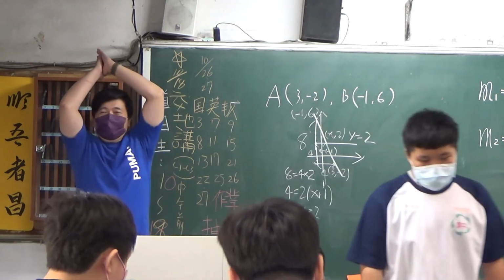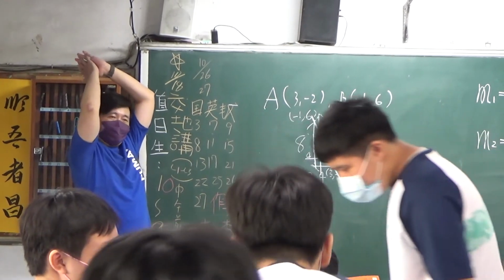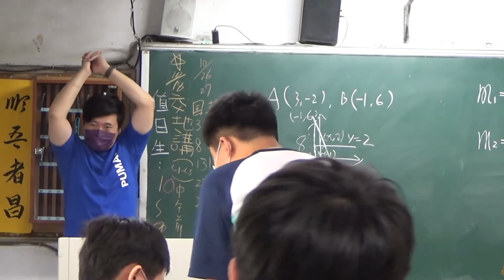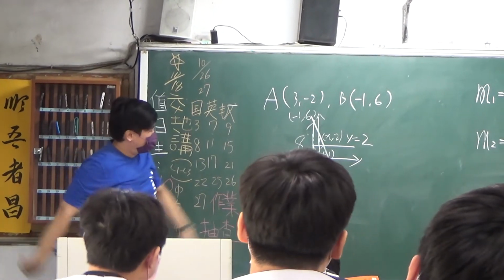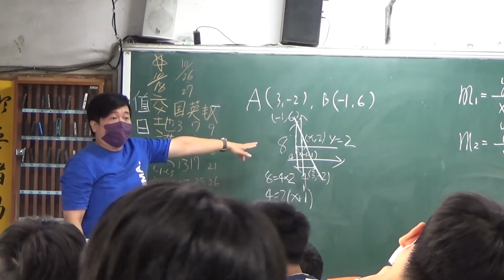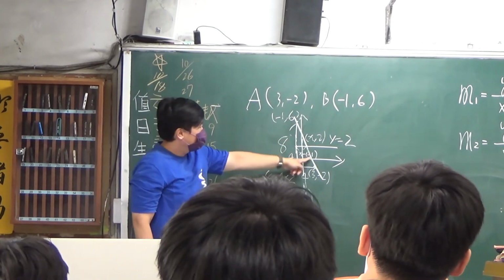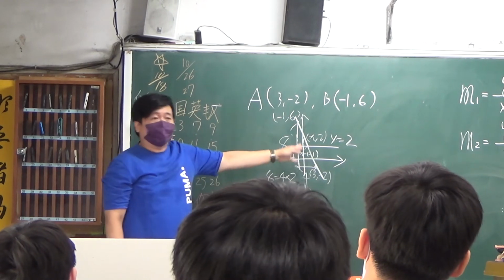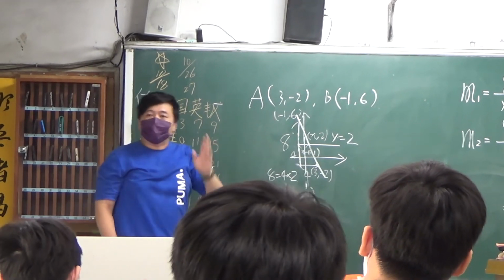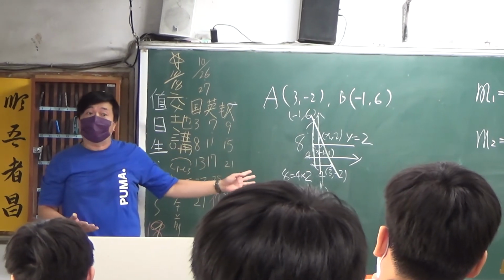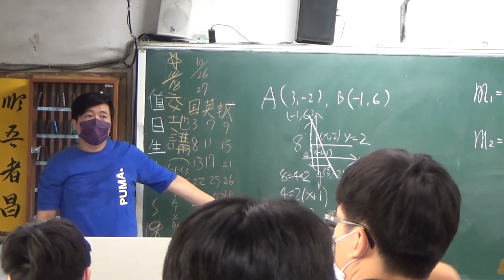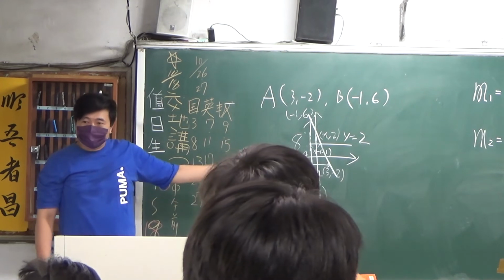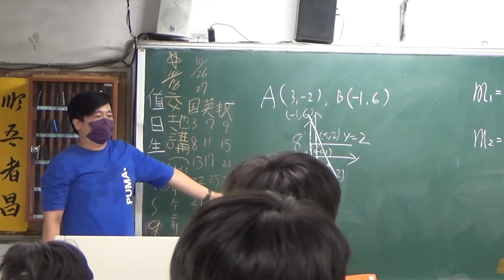Okay, everyone, please come here. It's a special way. He used the similar triangles. He does not use the slope of the line to solve it. He uses the similar triangles.